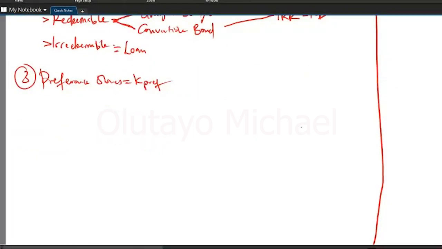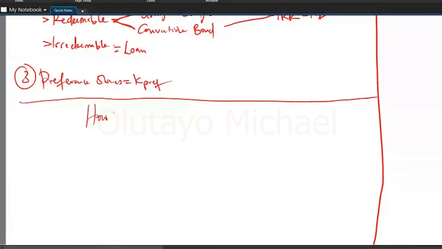The next question you want to ask me is, how do we calculate? So that leads us to the next subtopic, how to compute the cost of capital.